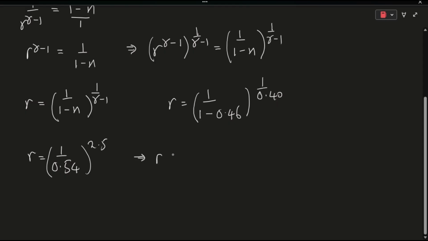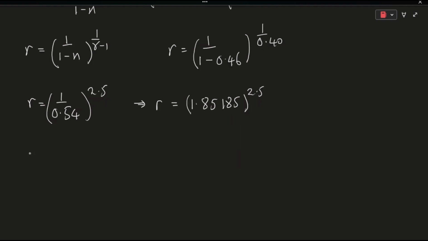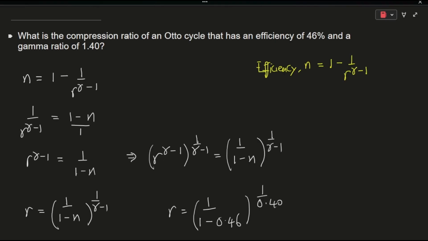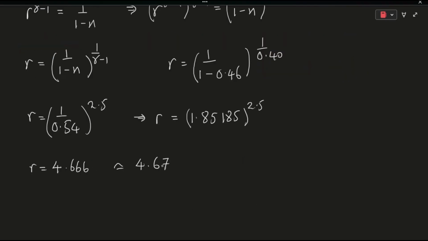So R is given as, and so our compression ratio for this Otto cycle is 4.67.